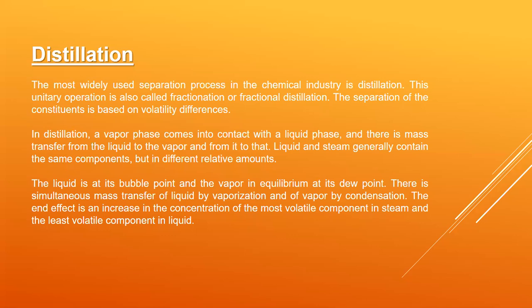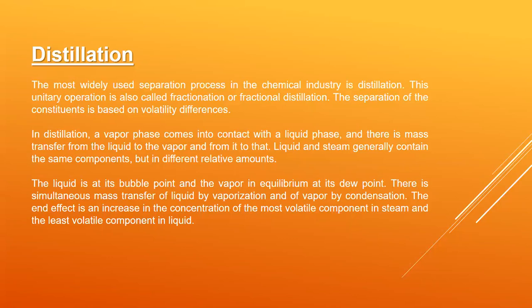Now, the liquid is at its bubble point and the vapor in equilibrium at its dew point. I think you know what the bubble point and the dew point are. There is simultaneous mass transfer of liquid by vaporization and of vapor by condensation in the process of distillation.